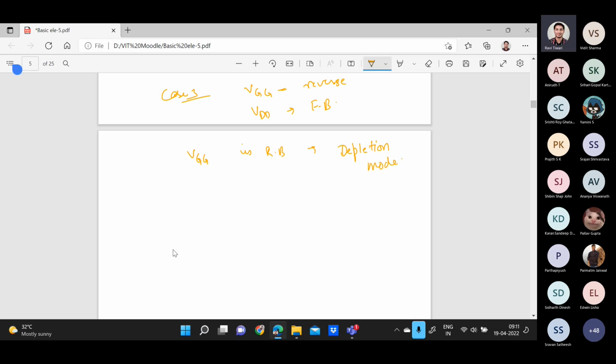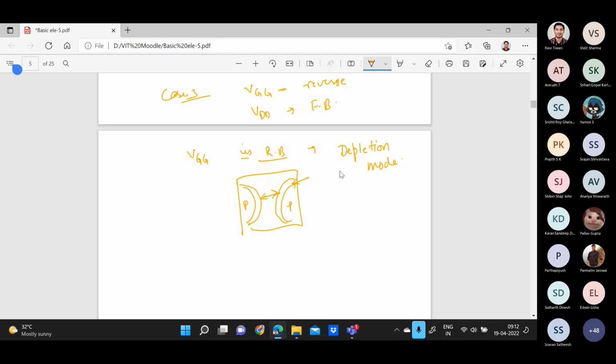So here the depletion layer plays an important role in the operation of the FET. That's why the name depletion: as you apply the reverse bias, the depletion region in the P region is increasing, and this depletion region plays an important role because it is actually changing the width of the channel. That's why it's called the depletion mode.